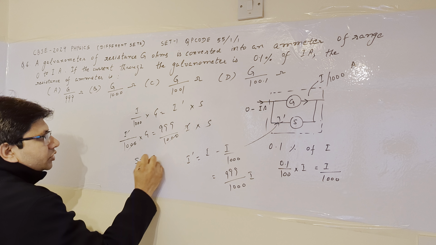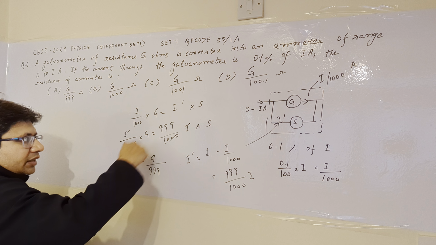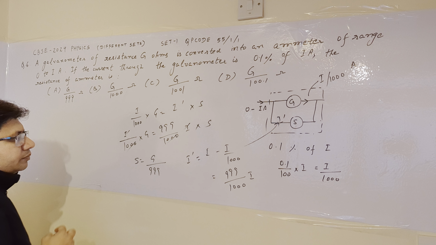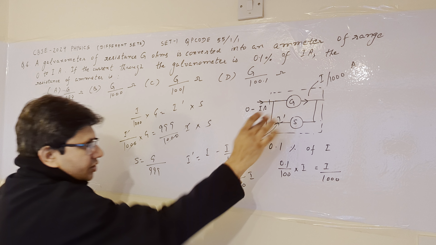So the value of S comes out to be G upon 999, by cross multiplying the 999. So this is the value of S, the shunt resistance.